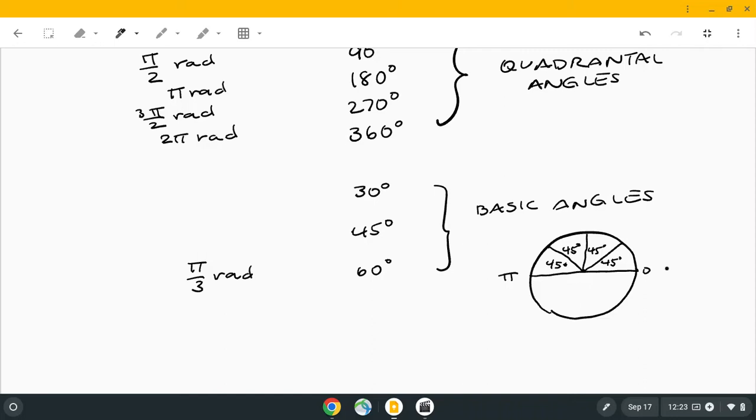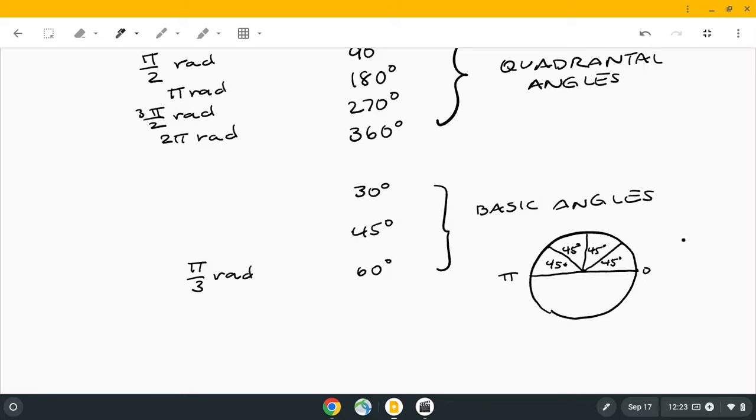So 45 and 45 make 90. And then 90 and 90 make 180, right? Okay, so we see that it takes four sets of 45 degrees to make 180.